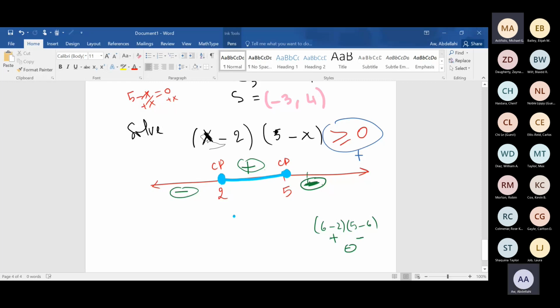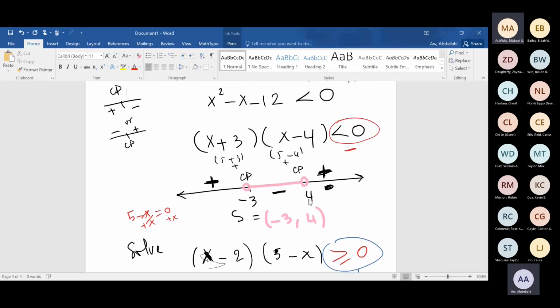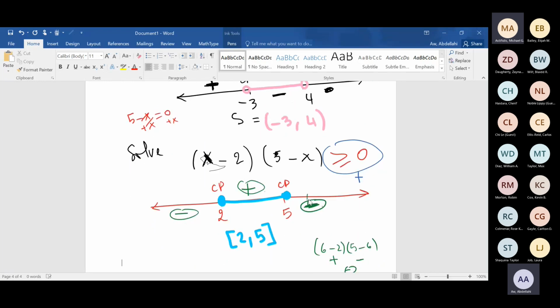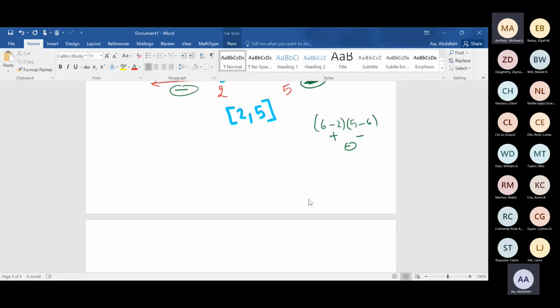So this is the solution: 2, 5. Everybody see that? This is how we solve quadratic inequalities. This is the only way we solve quadratic inequalities, right?